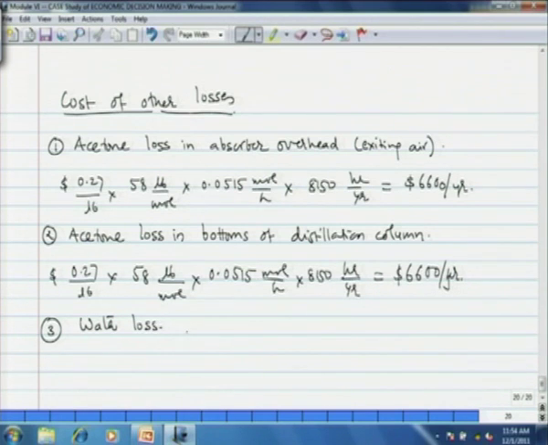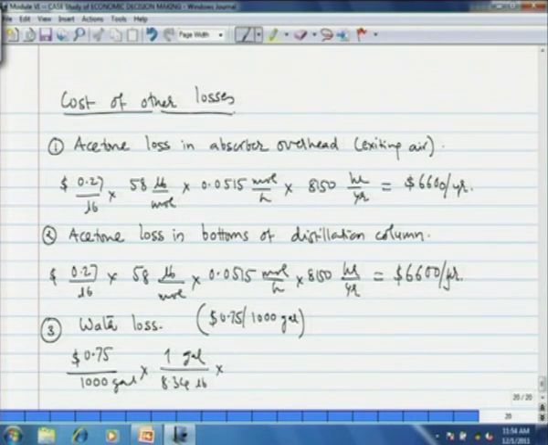Cost of water is much smaller. We can take a cost of about 75 cents per 1000 gallon, okay, and then the total annual loss will be this much: 1943 mole per hour into 8150 hour per year of operation into the molecular weight 18 pound per mole into, now we have to determine the volume of this water.